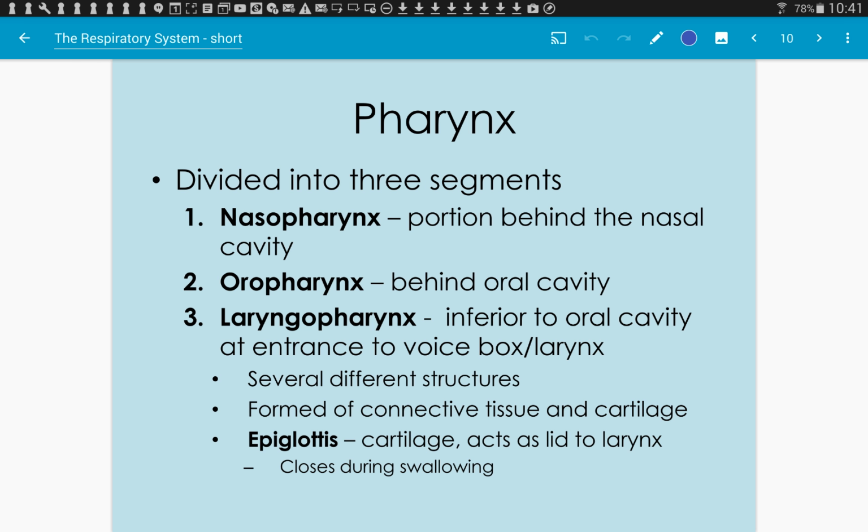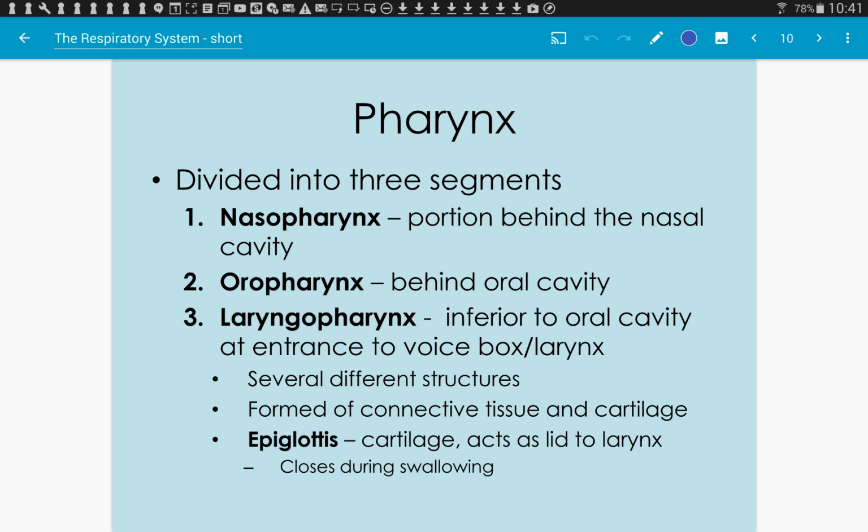Okay, so the epiglottis is above the larynx, and so it's made of cartilage. And what happens, you guys have seen this with your meeks, your esophagus is behind your trachea. Do you remember that? You've seen the trachea. You should have seen the esophagus by now. And so when you swallow something, you want to make sure it goes down the right pipe. Yeah?